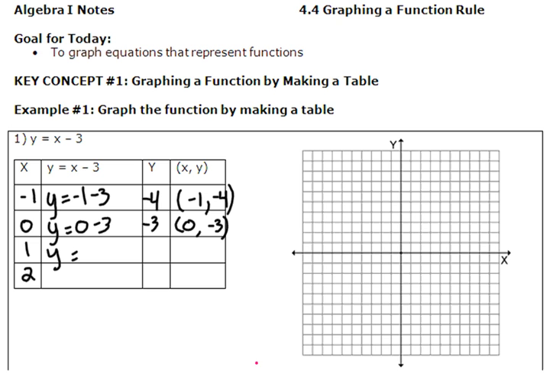Y equals 1 minus 3. Well, 1 minus 3 is -2. So I get 1, -2. This one, y equals 2 minus 3. 2 minus 3 is -1. So I get my ordered pair 2, -1.